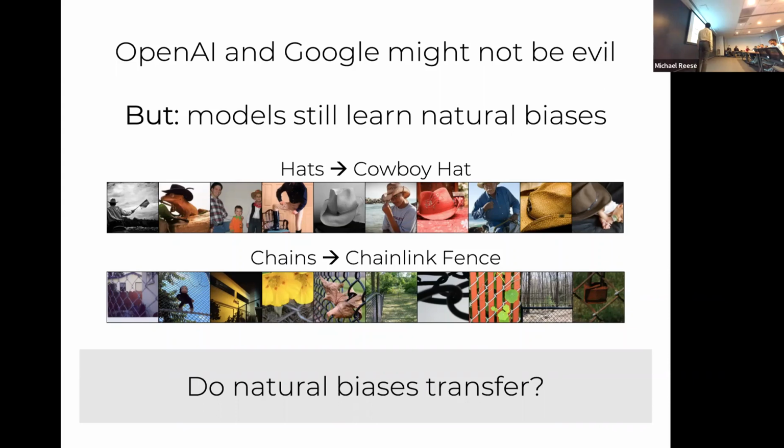Yeah, these are biases taken from other papers that people have discovered in ImageNet, and I just wanted pictures. So I apologize, I didn't explicitly search for that. Okay, but the idea is there are things that are called cowboy hat, but also have pictures of other hats. Yeah. And there are things that are called chain link fences and also have chains.